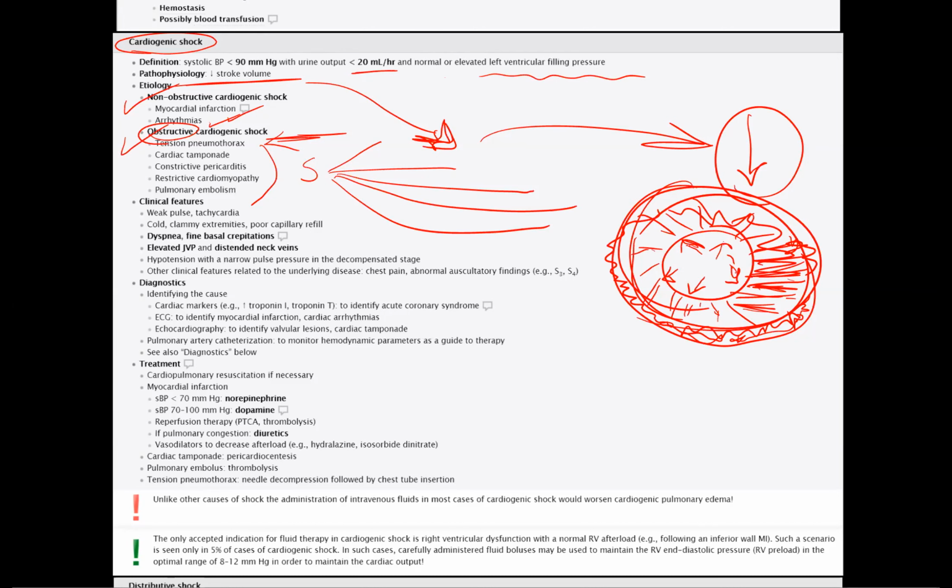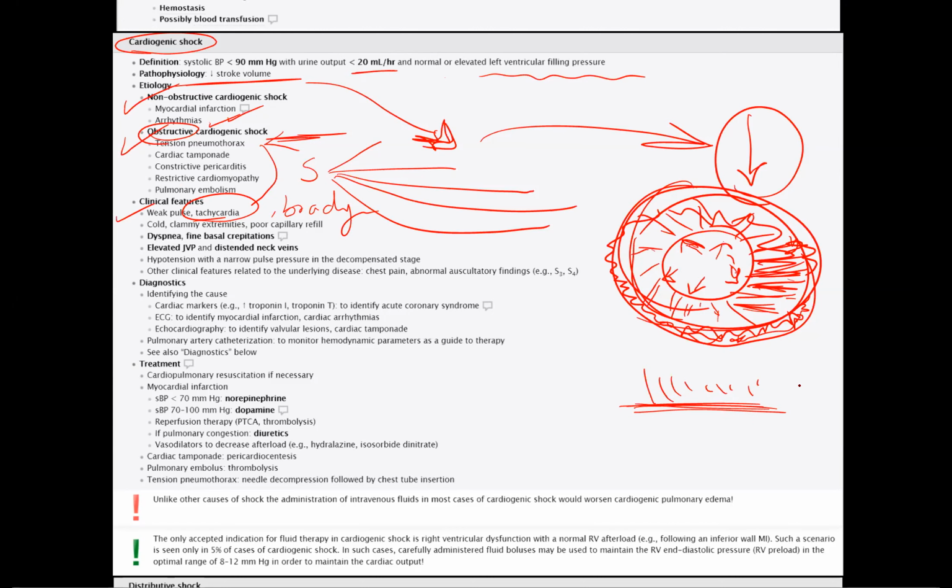We have also weak pulse, as we said, tachycardia, the heart trying to compensate, but later on, according to the cause, may be bradycardia, okay, but the heart beating rapidly, but with less strength.